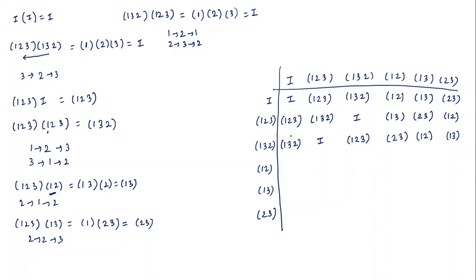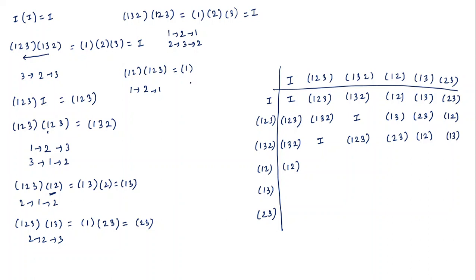Now similarly we have to fill the fourth row. So let us see what is (1 2) operated with (1 2 3). So let's find the image of 1. 1 is mapped to 2 and 2 is mapped to 1 itself. So the cycle closes.